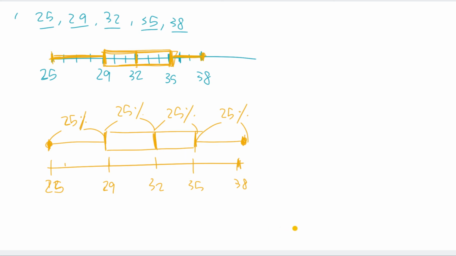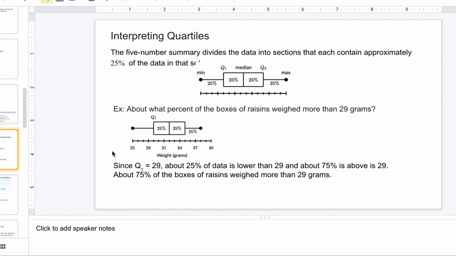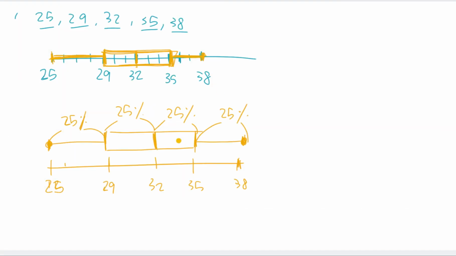Okay, so let's go back here and let me ask you some questions. When you're looking at this example, about what percent of the boxes of raisins weighed more than 29 grams? So I can actually use mine here. Let's look at 29 gram here.